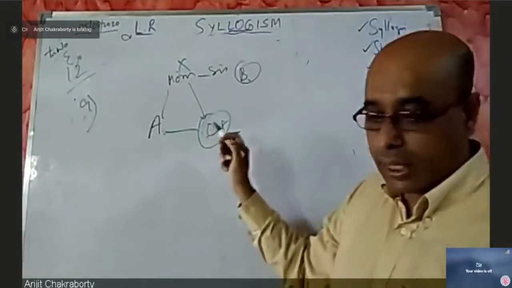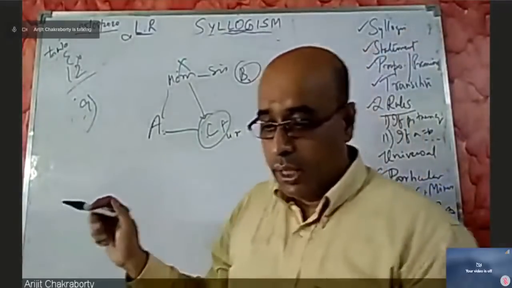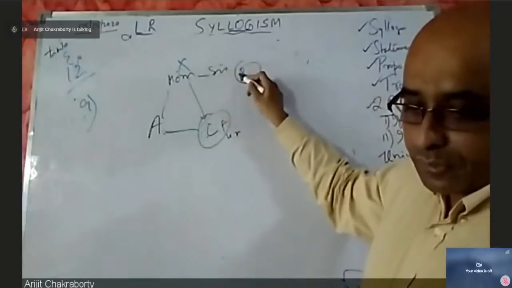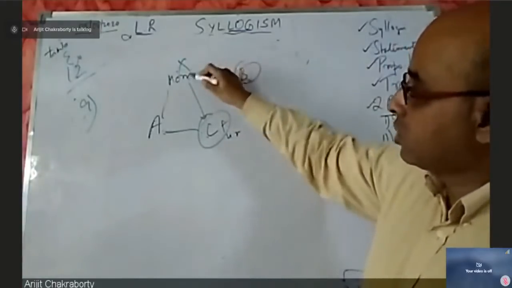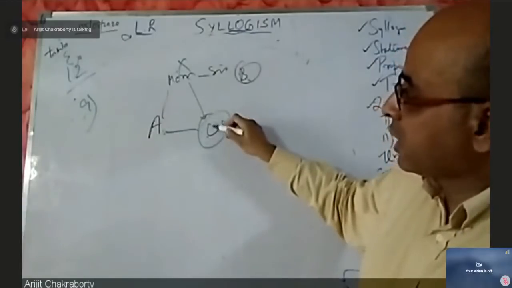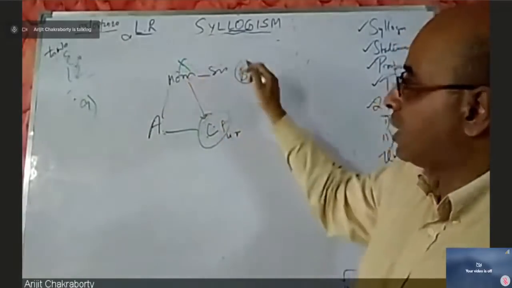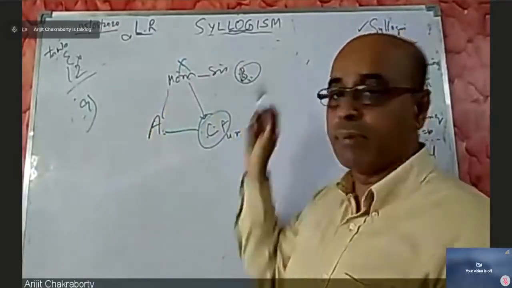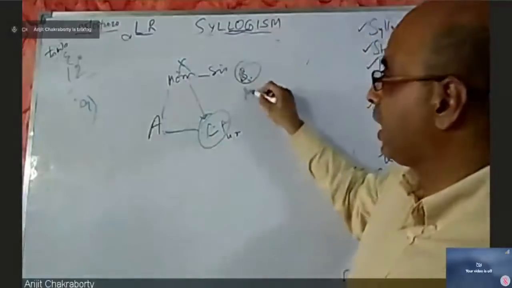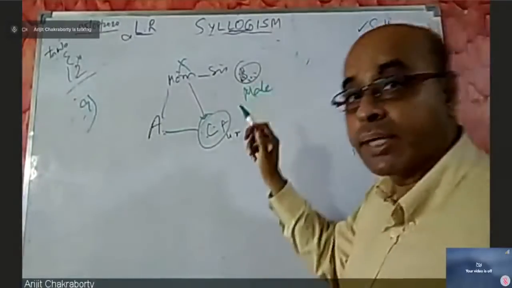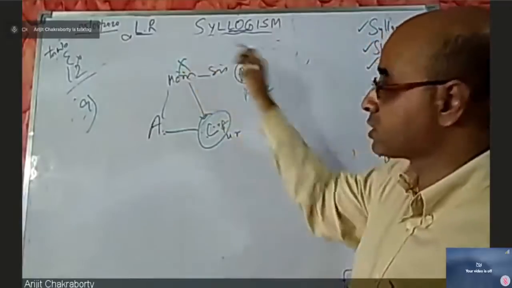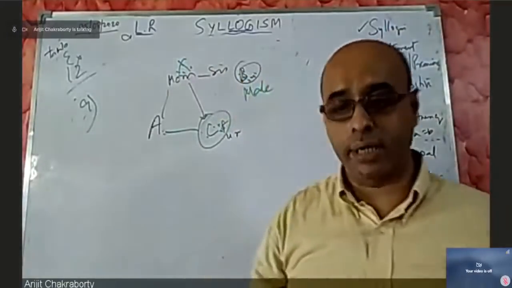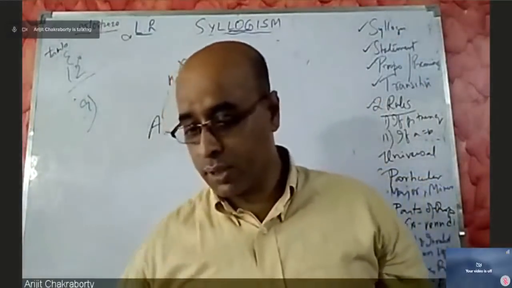X is the sister of B, so B can be male also. If B is male, then B is the maternal uncle of C, C's mother's brother. Answer is maternal uncle. So this was for Hina.